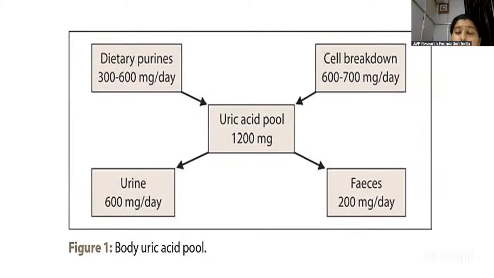From cellular breakdown, you get about 600 to 700 milligram per day. It is excreted into feces at about 200 milligram per day, and through urine about 600 milligram per day. The dietary purines, which contribute to this uric acid, are about 300 to 600 milligrams per day. So this is the normal metabolic state of uric acid in the human body.